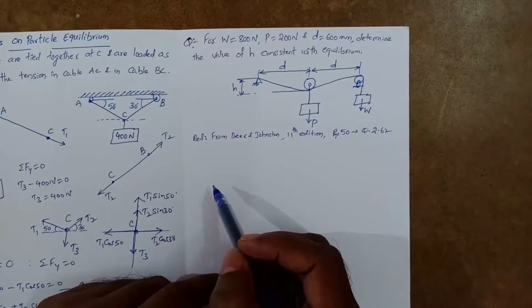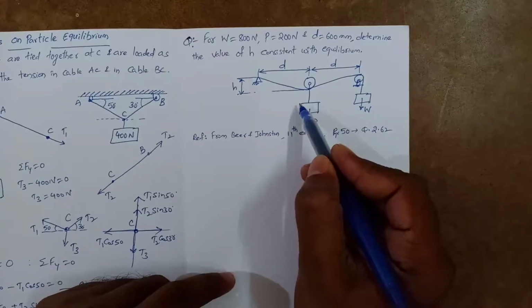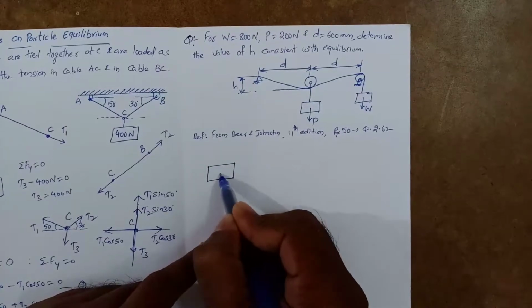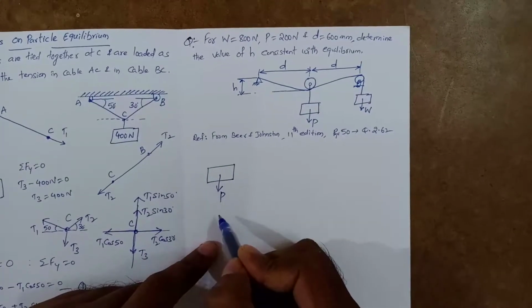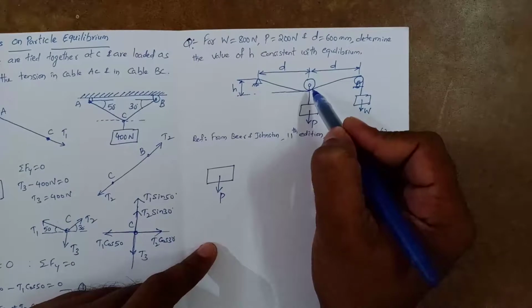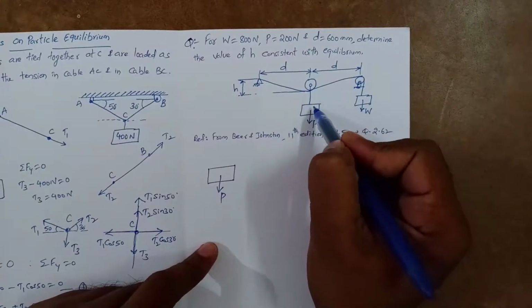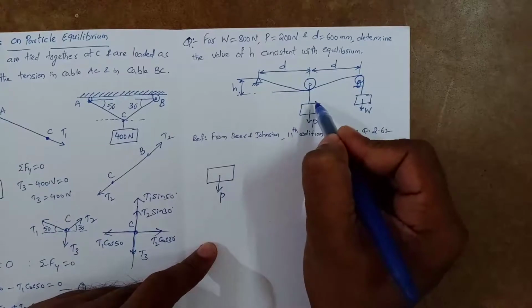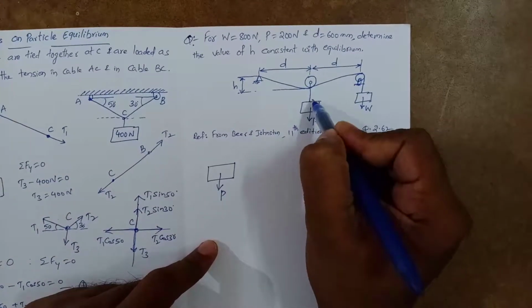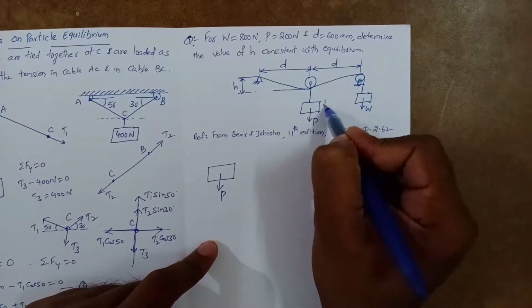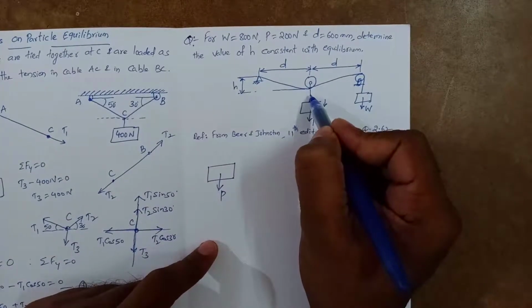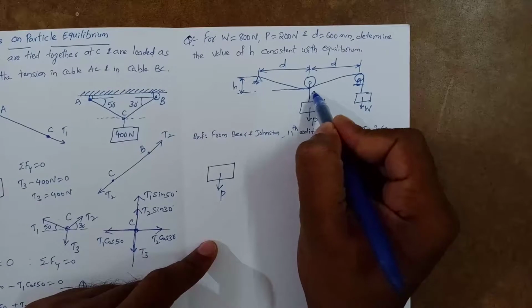Now first let us draw the free body diagram for this body. P is acting vertically downward. This body will pull this cable downward. At the same time, the cable will pull this body upward.